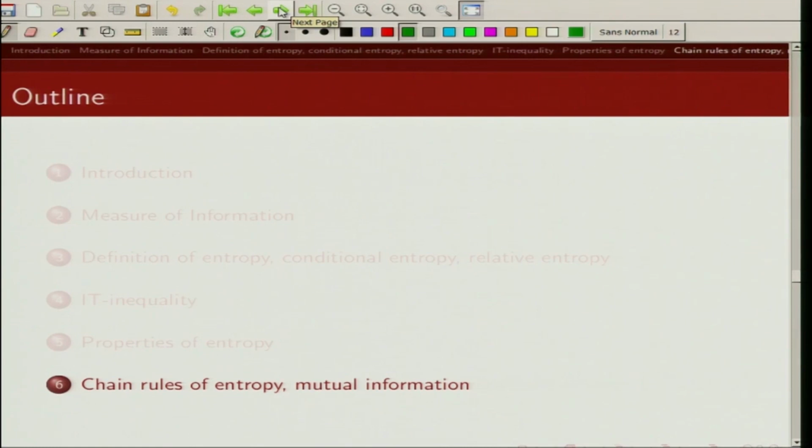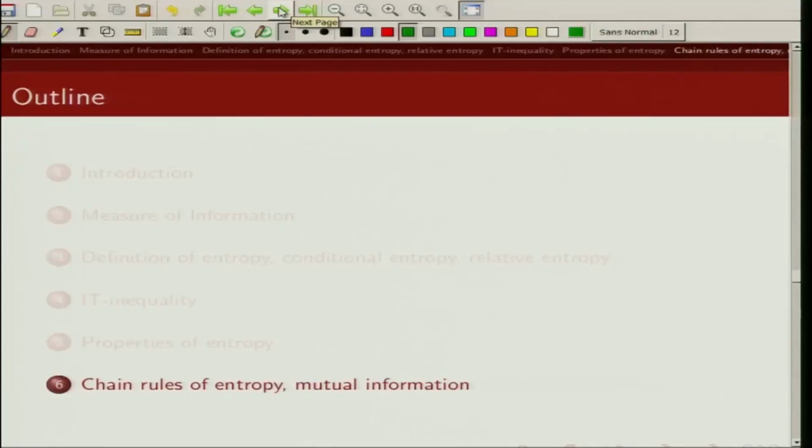Now we have defined so far entropy, joint entropy, conditional entropy and relative entropy, and we have proved some properties of entropy. For example, if x is a discrete random variable, we have shown that the minimum value of entropy is 0 and the maximum value is log of L, where x takes L possible values. Now let us prove some more properties of entropy and define what we mean by mutual information.